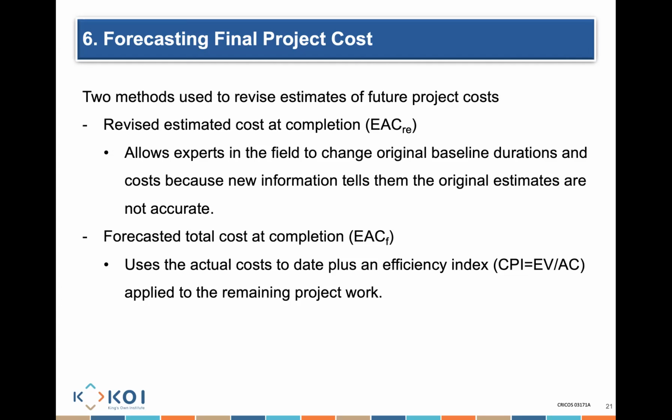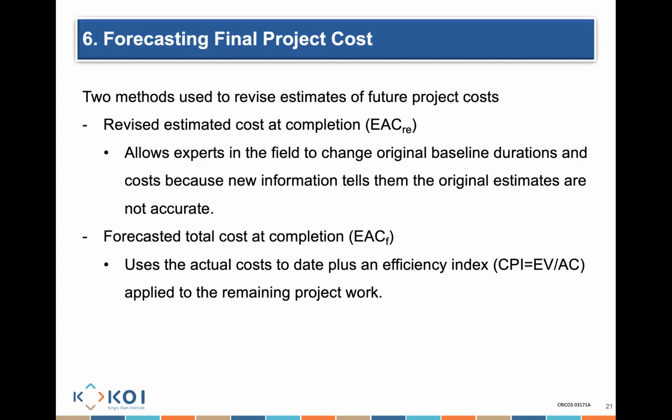Let's say we have more work that was requested, and my estimate at completion is now going to change, so they revise it based on this extra work. There's also estimate at completion forecasting, which uses the actual cost to date, plus how efficiently we are performing, to calculate that particular work.